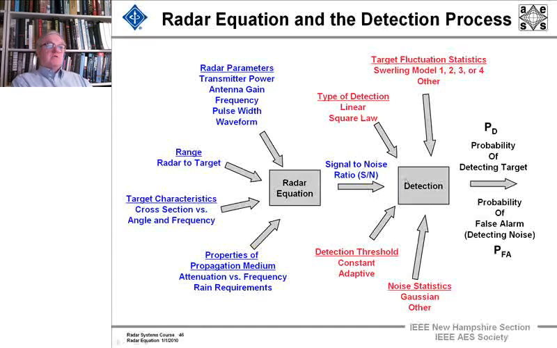Now, that signal-to-noise ratio is put in with the type of detection we're using, linear or square law, how the target fluctuates, or is it a steady target, the noise statistics, Gaussian noise, or some backgrounds other than Gaussian, and the detection thresholding mechanism, is it a constant detection mechanism or an adaptive threshold, which would have you plug losses back into this equation.